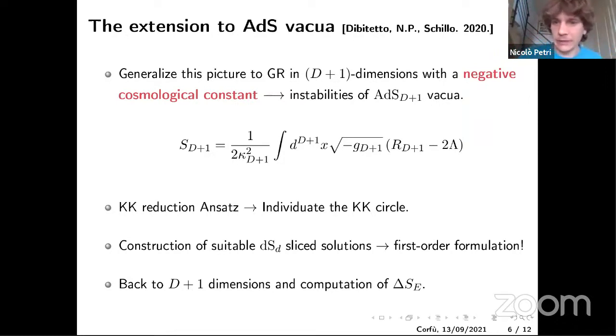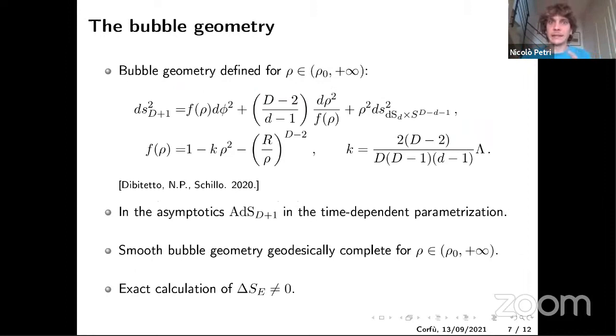Well, the main difference is the fact that when we send the coordinate rho to infinity, we reproduce AdS in a very particular foliation in terms of de Sitter foliation, but actually this is AdS.